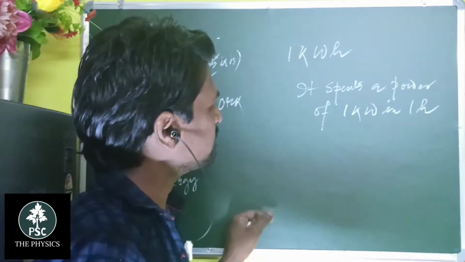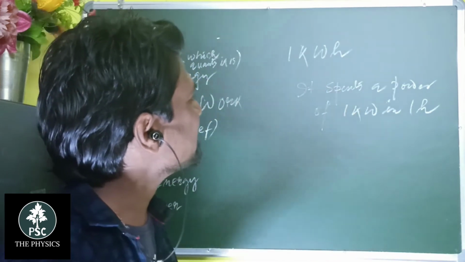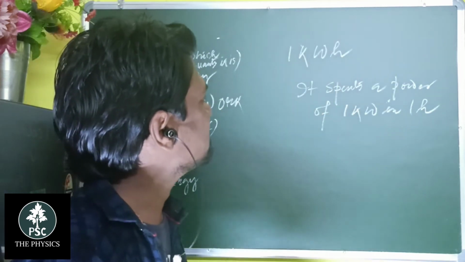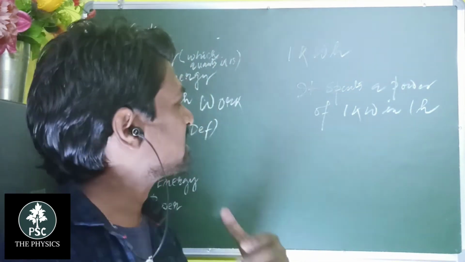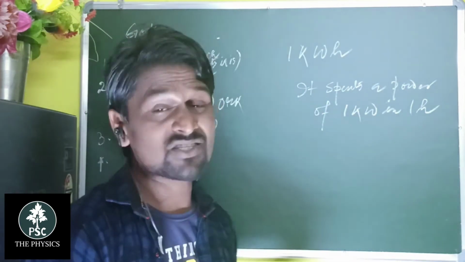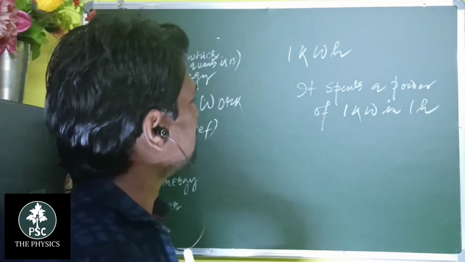If a machine spends a power of 1 kilowatt in 1 hour, then we can say that the energy of the machine is 1 kilowatt hour, or that device can consume this amount of energy when it spends this power in 1 hour.